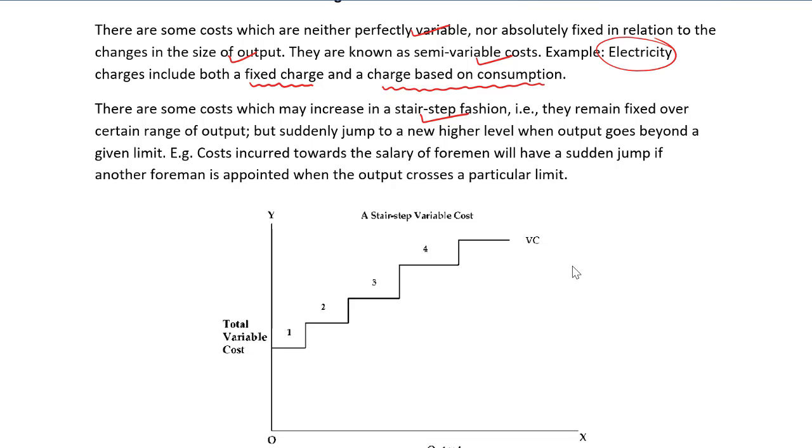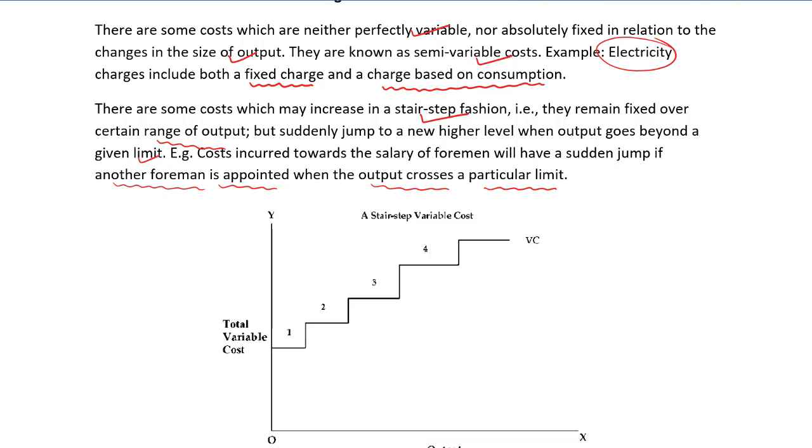They remain fixed over a certain range of output, but suddenly jump to a new higher level when output goes beyond a certain limit. Examples are cost incurred towards salary of foreman will have a sudden jump if another foreman is appointed when the output crosses a particular limit.